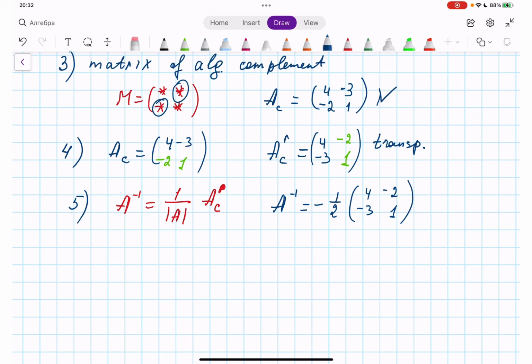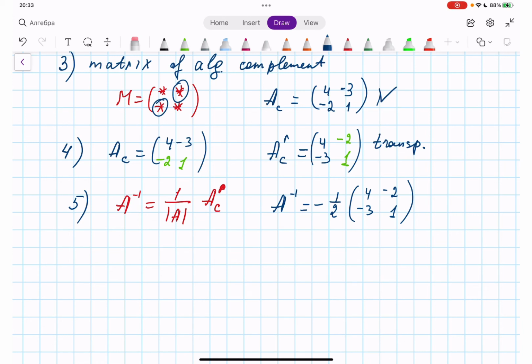And that's it. The answer is best left as it is. You do not need to divide each element of the matrix by 2 as you get fractional numbers, because not all of them are divisible. This part, when we get fractional portions by division, I will discuss in a separate video, okay?